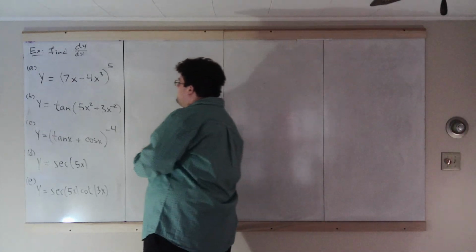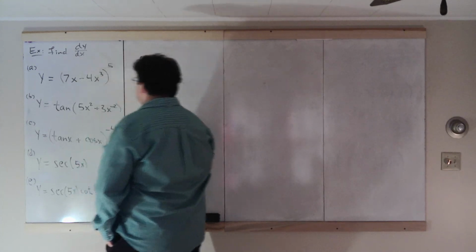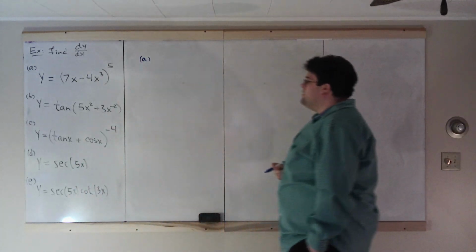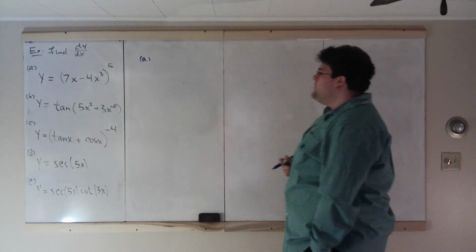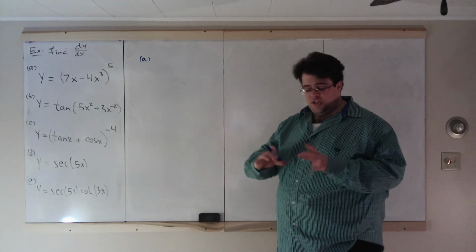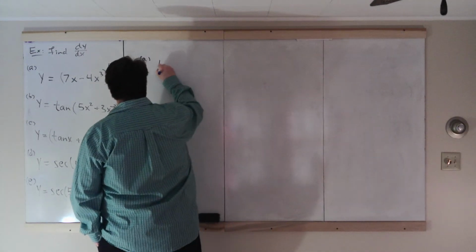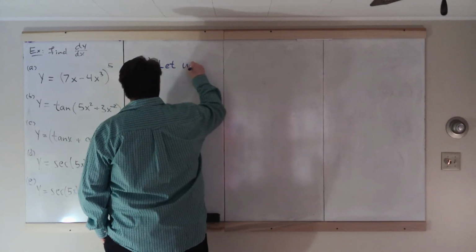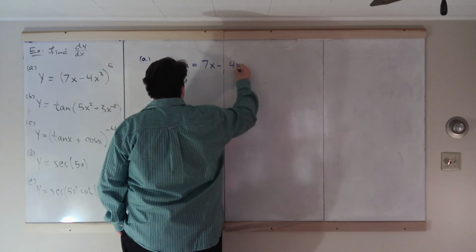Part A. Well, there's no algebraic derivative rule which tells us how we can take the derivative up here. We have 7x minus 4x cubed all to the fifth. But we do know how to take the derivative of just x to the fifth. So up here, let's let u be 7x minus 4x cubed.